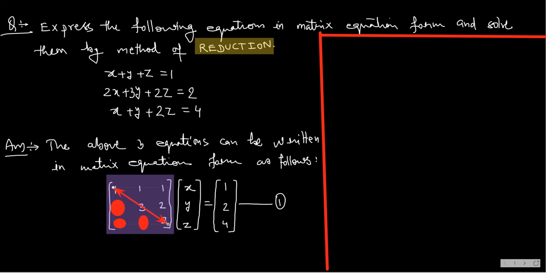So when I have transformed this matrix A like this, I will call it an upper triangular matrix. Why? Because all the elements below the diagonal are zero. So this will be my first step: I will convert the matrix A into an upper triangular matrix.